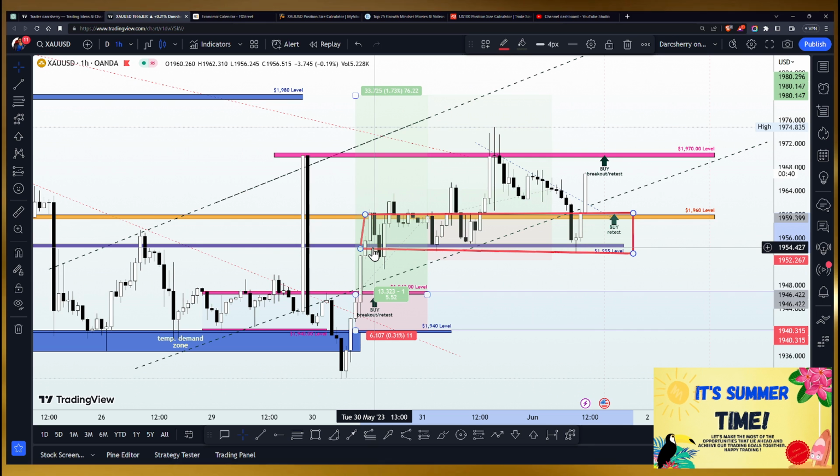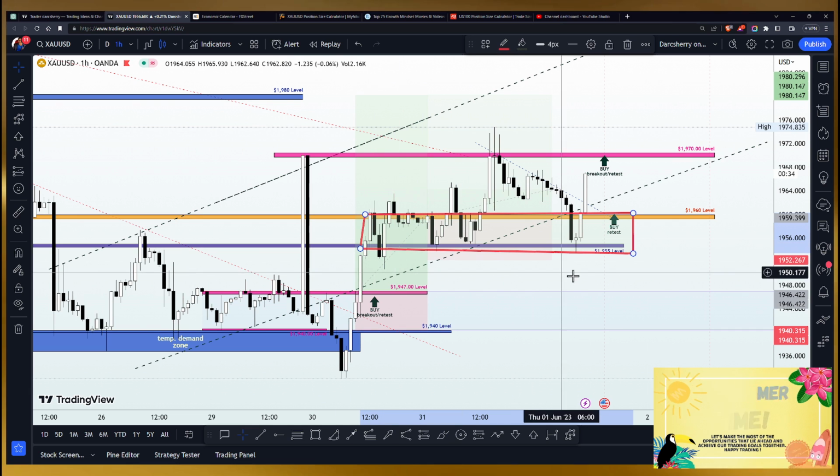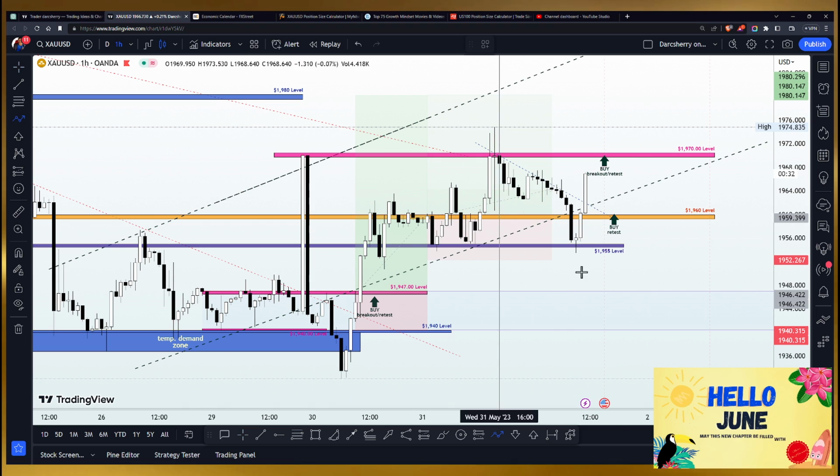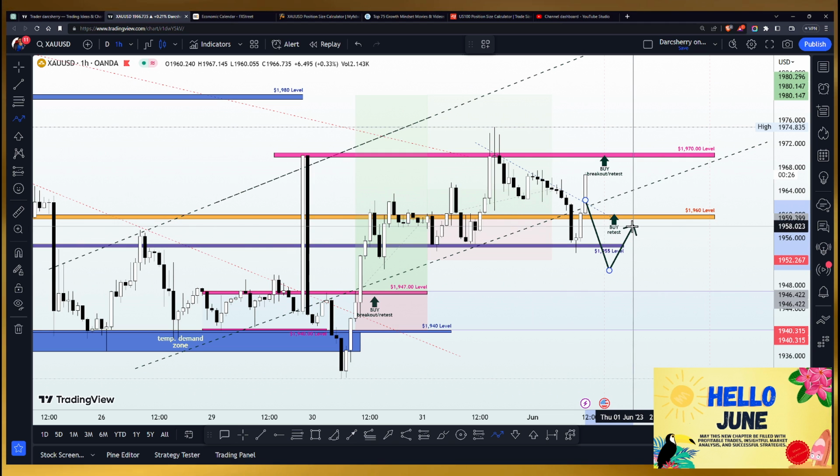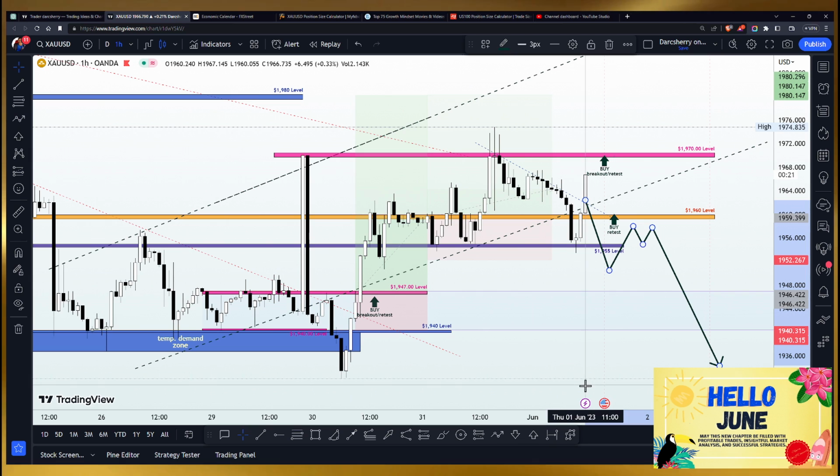Only if price action takes out all the buy positions within the zone will I start considering selling the XAUUSD at that point. So I want to see a takeout of all the buy positions here, and probably a retest of structure on my lower time frame to confirm an opportunity to sell.